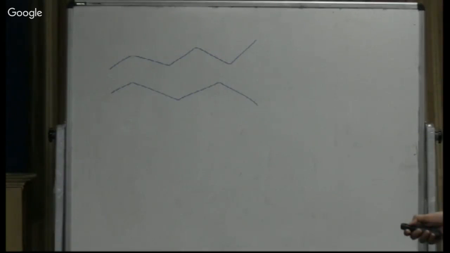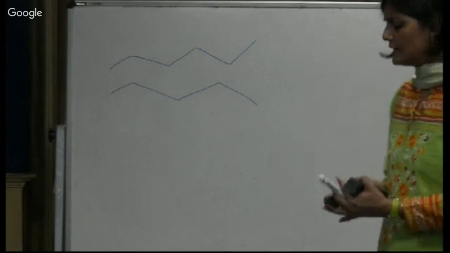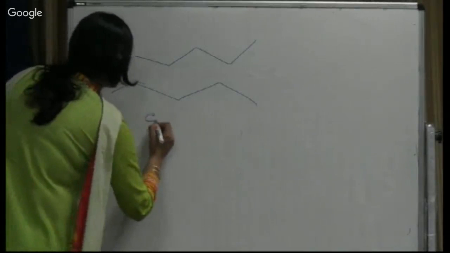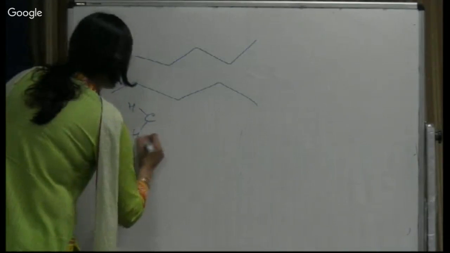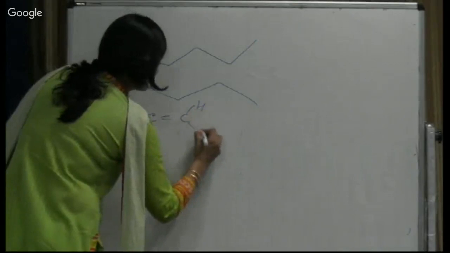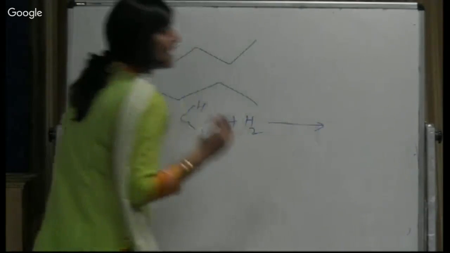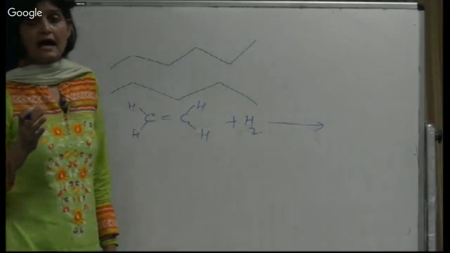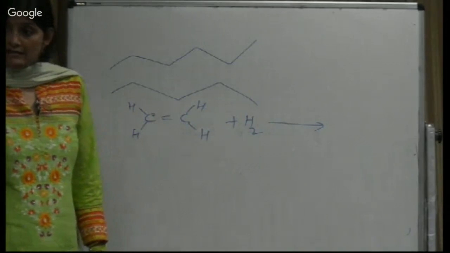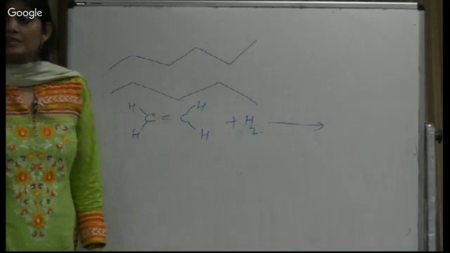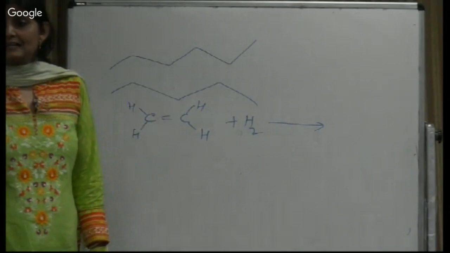The first of the methods of preparation is the hydrogenation reaction from alkenes or from alkynes. Now let us write a simple molecule. Unsaturated hydrocarbons like alkenes or alkynes can be subjected to hydrogenation in the presence of catalysts like Raney nickel, palladium or platinum.